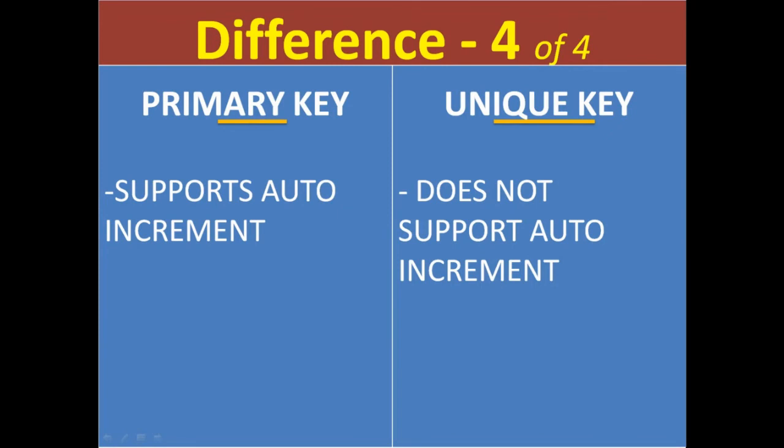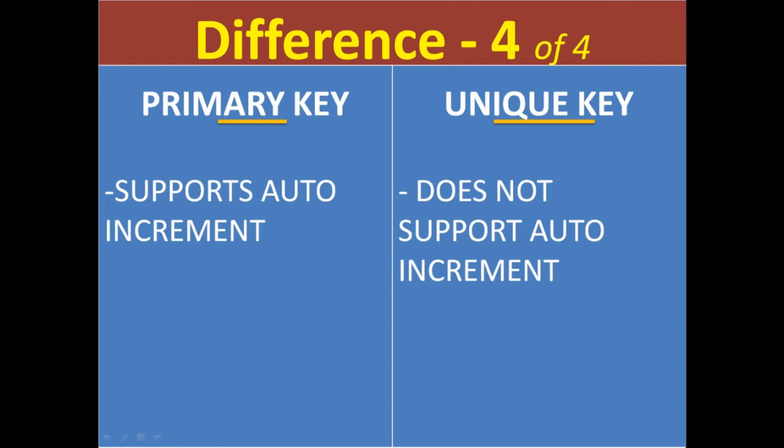So now let's consider the last difference between primary key and unique key. Before considering this difference, let's understand firstly what is auto increment. So in SQL, you have a feature of identity column.